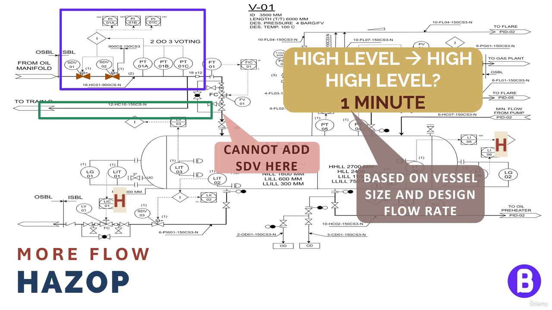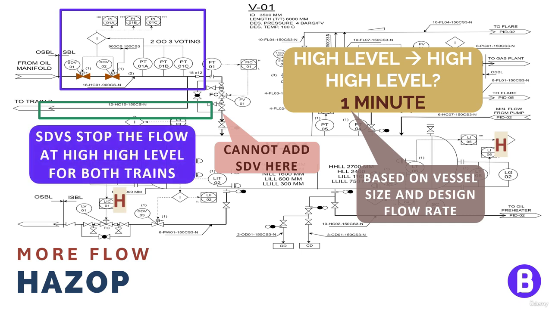So the shutdown action here is considering that the SDV01 and SDV02 shall close only in case we received high level alarms from both level transmitters in this train and in the other train B. This may not be shown on the P&ID due to congestion, but it should be shown on the cause and effect diagram, which should reflect all shutdown logic. However, the shutdown action shall not protect one vessel from overflow if there is no high level alarm in the other vessel.